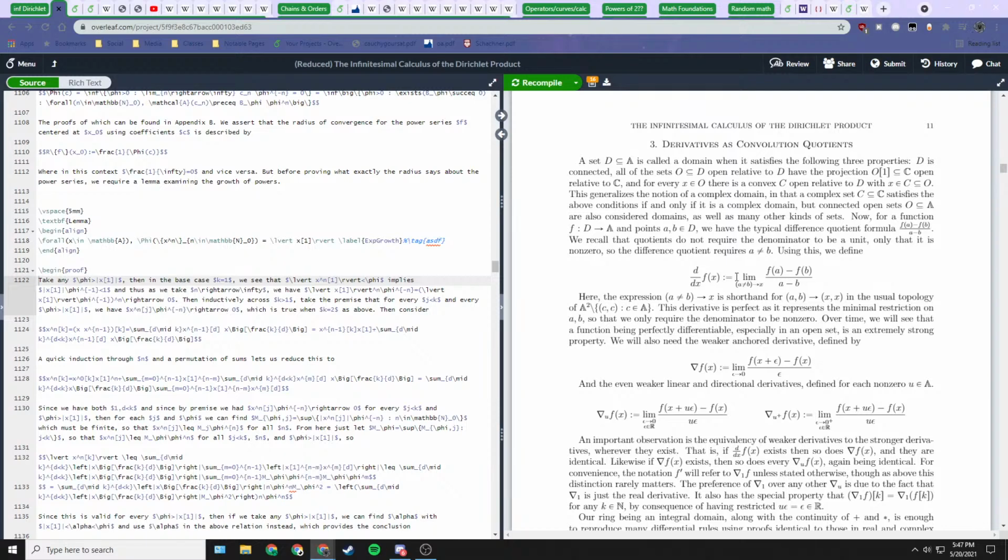I define it in this particular way. So this is actually both variables, A and B, are both limiting to whatever the point is, x. And so that's sort of the standard way that I've done these derivatives.